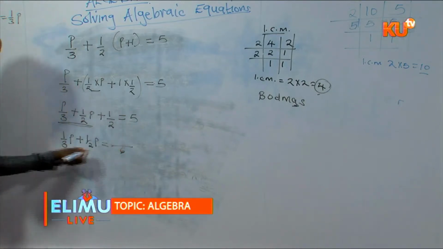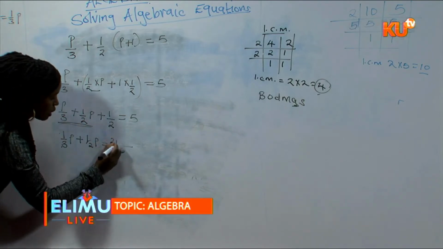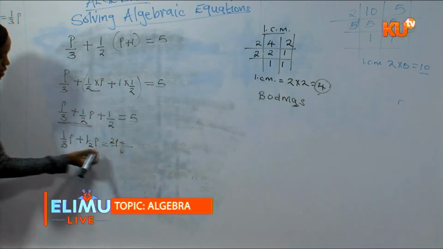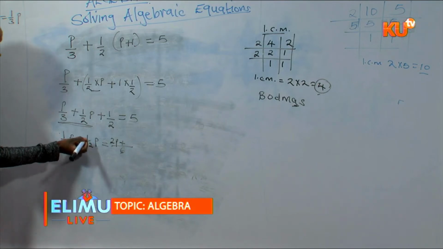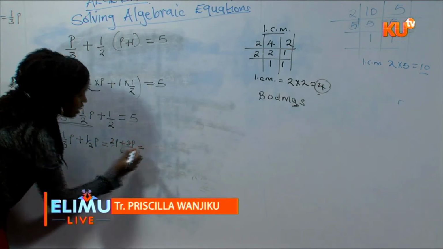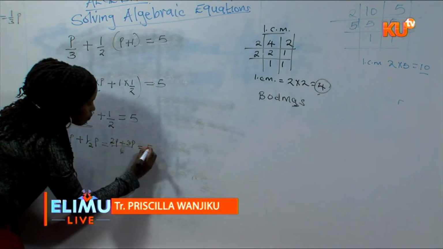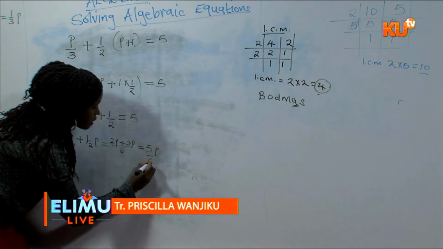So 6 divided by 3 is 2, 2 times 1, we get 2P, plus 6 divided by 2 is 3, times 1, we get 3P. And then we add 2P plus 3P, we get 5P over 6.